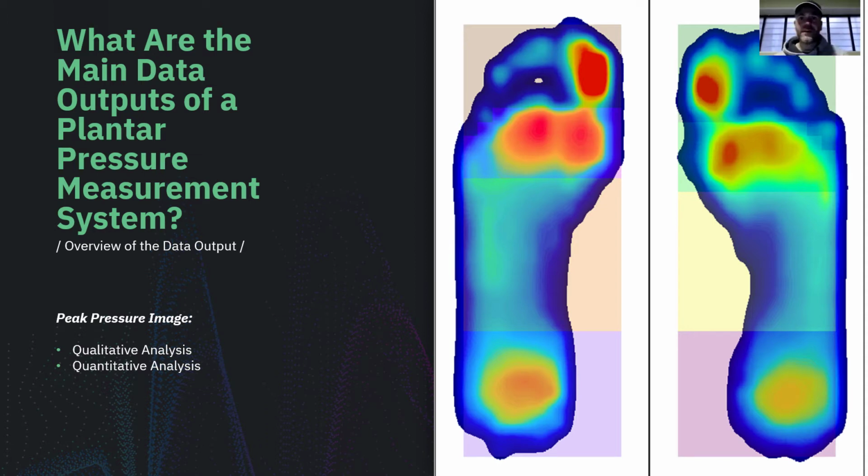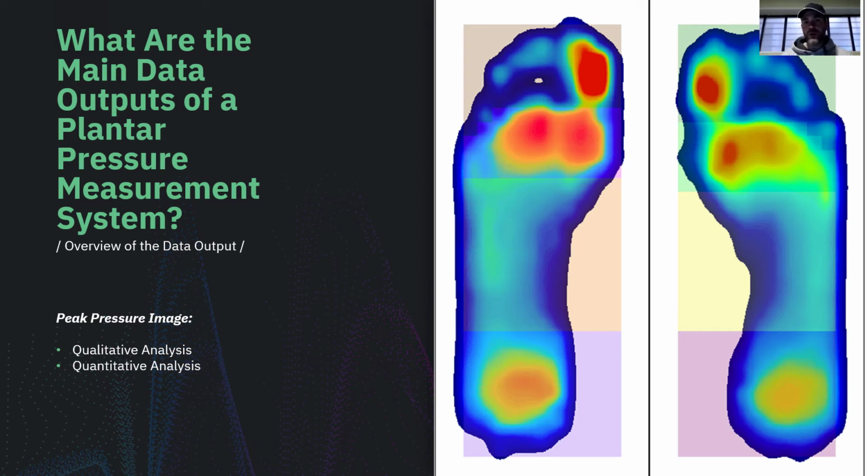Here you can see an example of what a peak pressure image is. It's basically an image of a foot, a foot scan, an image showing all the peak points of pressure during the stride.